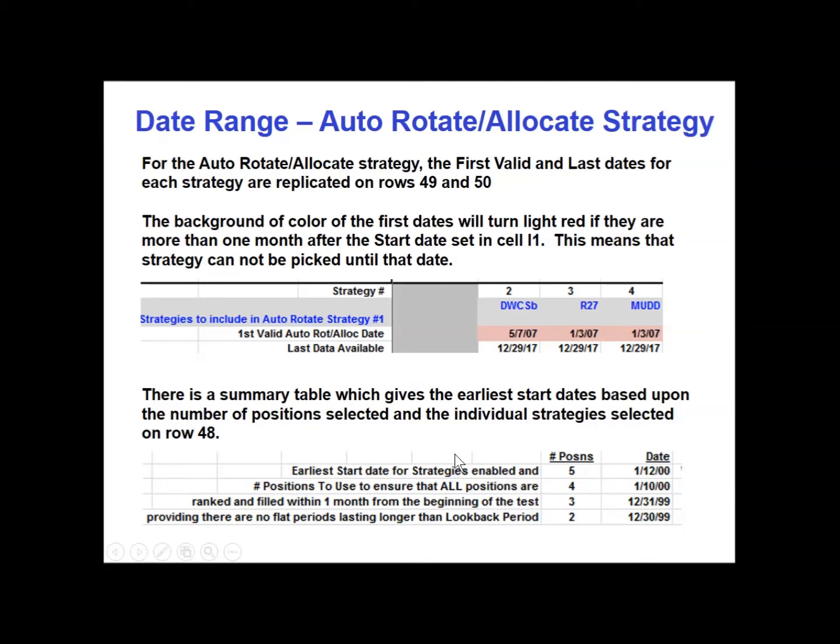To help with this, after you enter it, it gives you a little table that tells you the earliest date for the strategies that you have enabled and the number of positions you have selected, to ensure that all positions are ranked and filled within 1 month from the beginning of the test, providing there are no flat periods lasting longer. So it kind of helps you a little bit. If I pick 3, then my start date in this case would be 12/31/99.